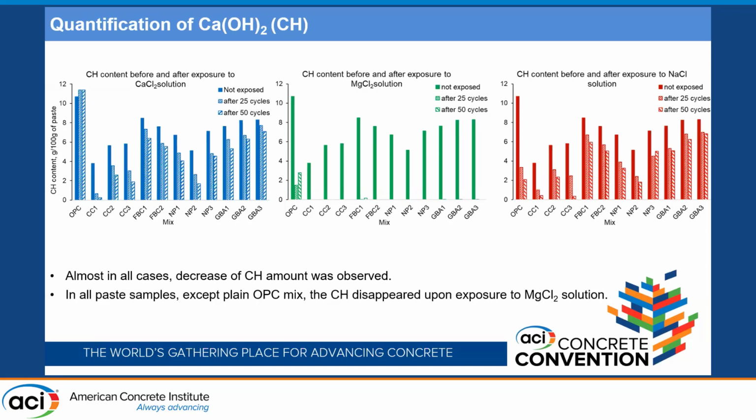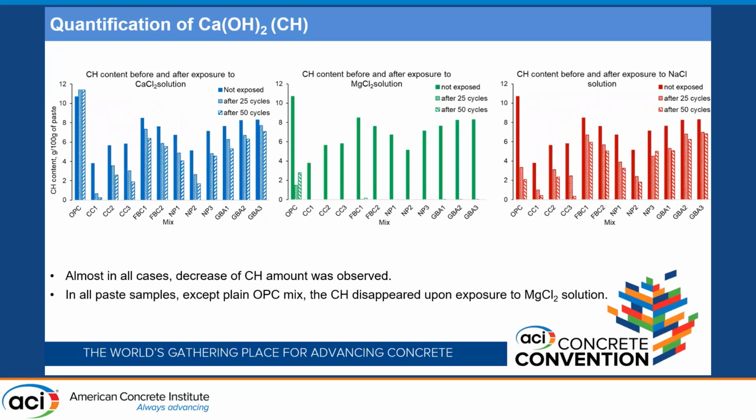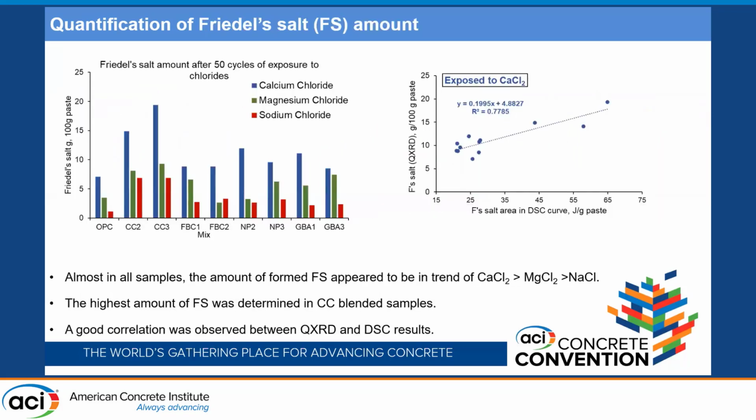Then for Friedel salt, from this result we said this area belongs to the Friedel salt. But in the case of magnesium chloride, there was overlapping. So in order to more precisely quantify the Friedel salt, we use the quantitative X-ray diffraction technique.